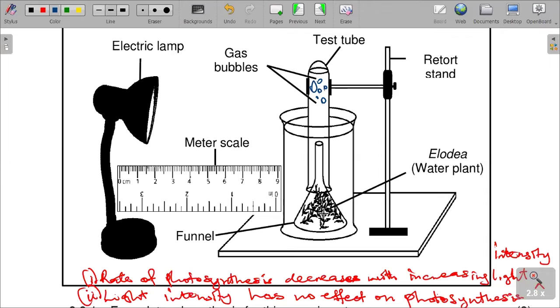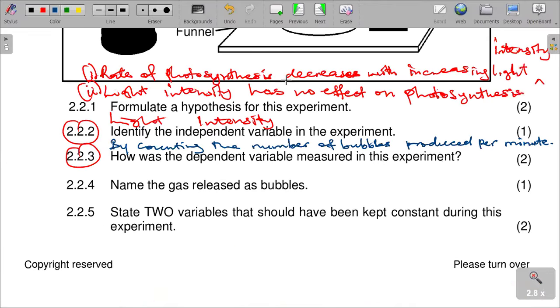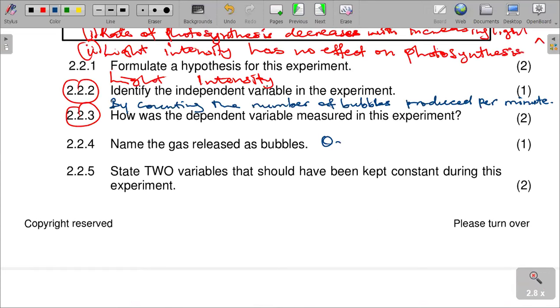Where is the gas coming from? The gas is coming from the water plant. So what is the gas that is produced from the plant? It is oxygen. Oxygen is the gas that is produced here.